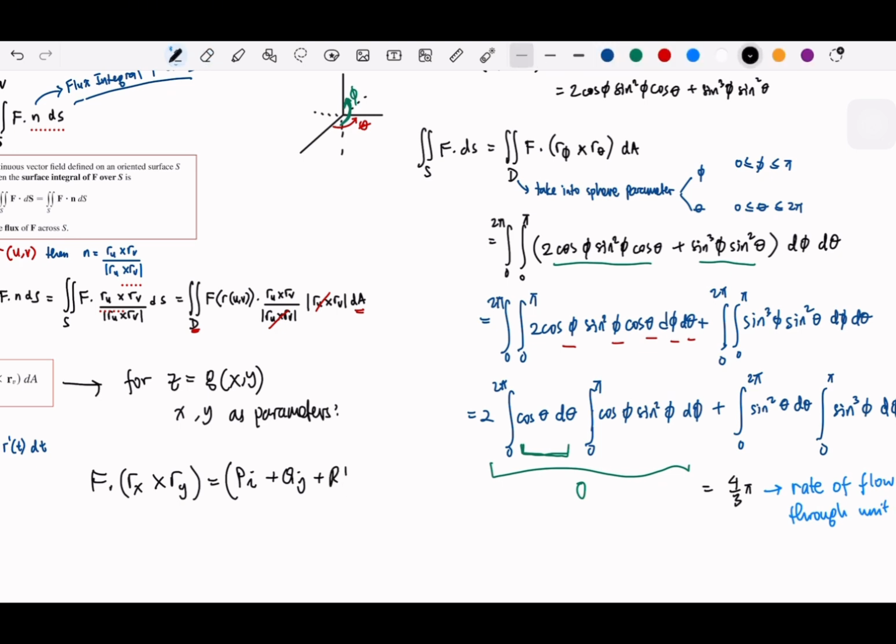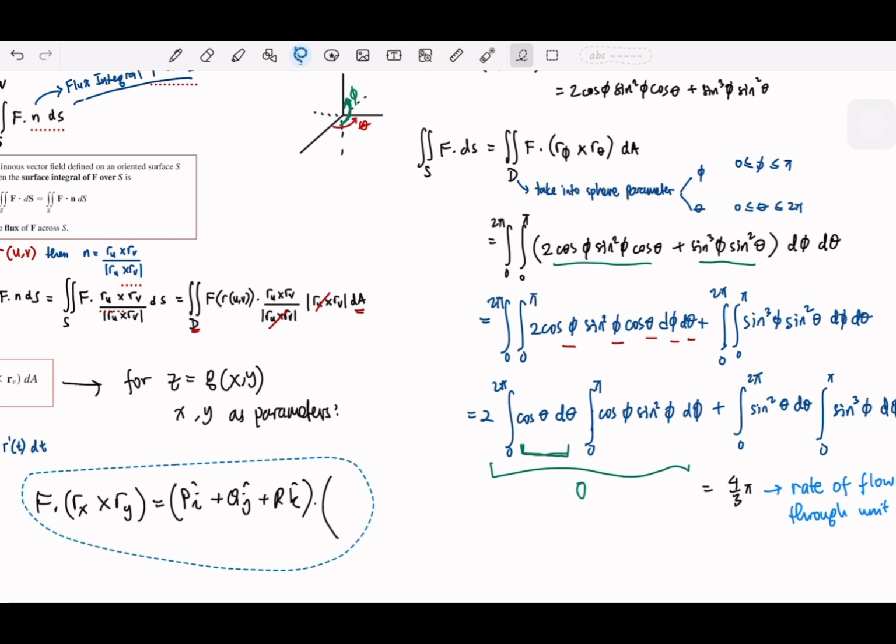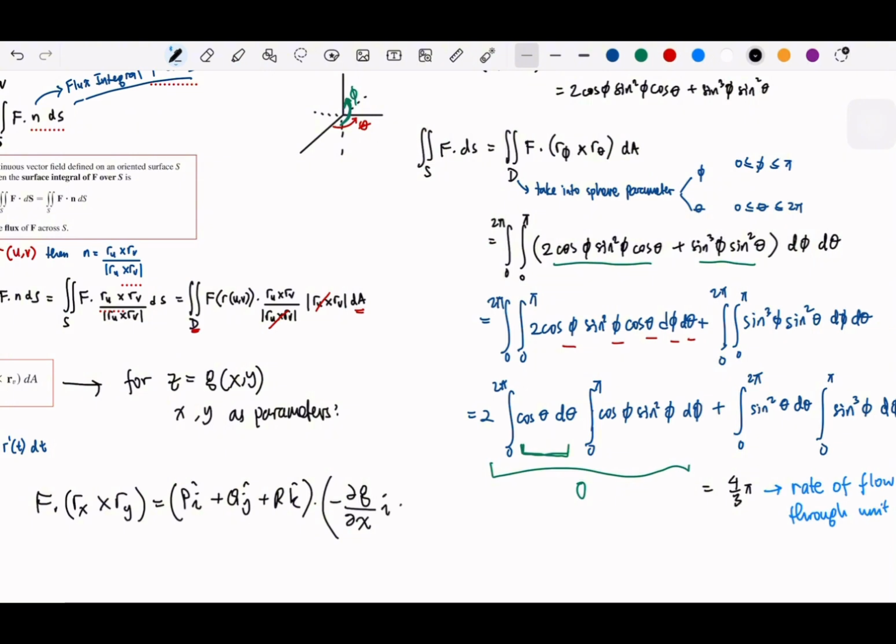This is very similar to what we have in the previous theorem. And then dot, this will be negative partial g partial x i, negative partial g partial y j plus k.